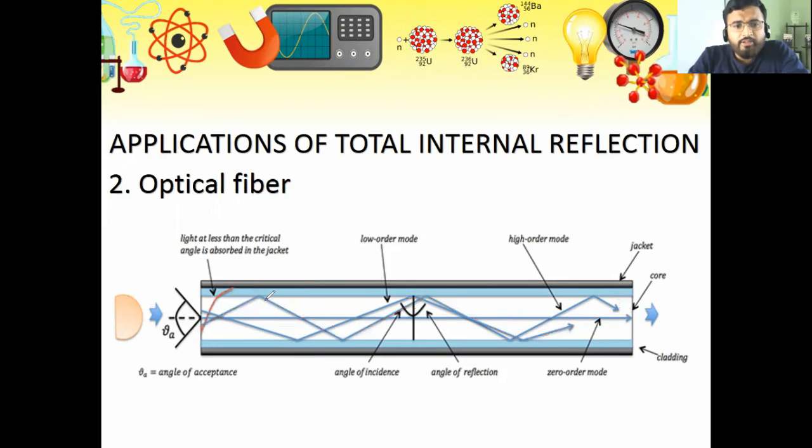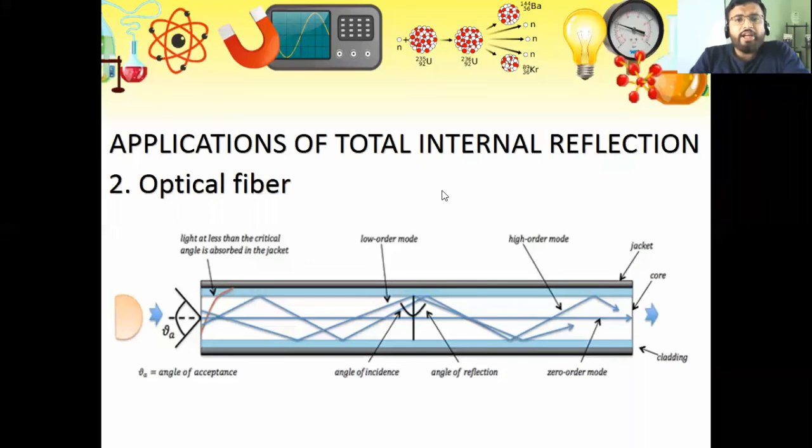So the efficient use of optical fiber is when we transmit the signal in the form of light, and the light should be incident at more than the critical angle, so that total internal reflection can take place.